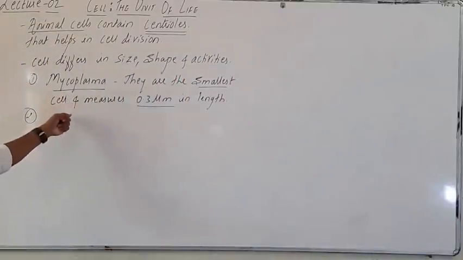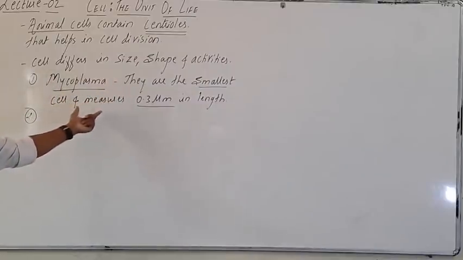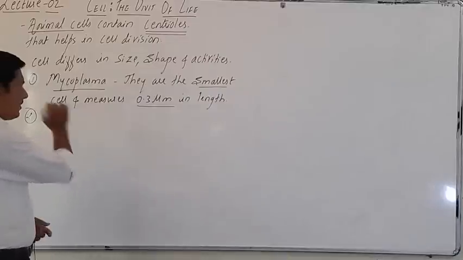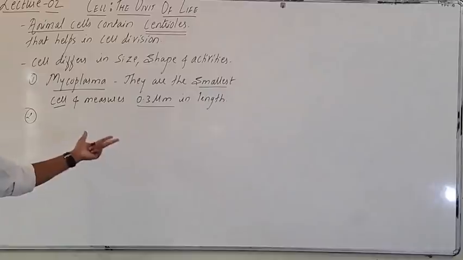Now here the second point we take is the largest cell. So Microplasma is the smallest cell, and the largest cell that we are going to take is of an ostrich.